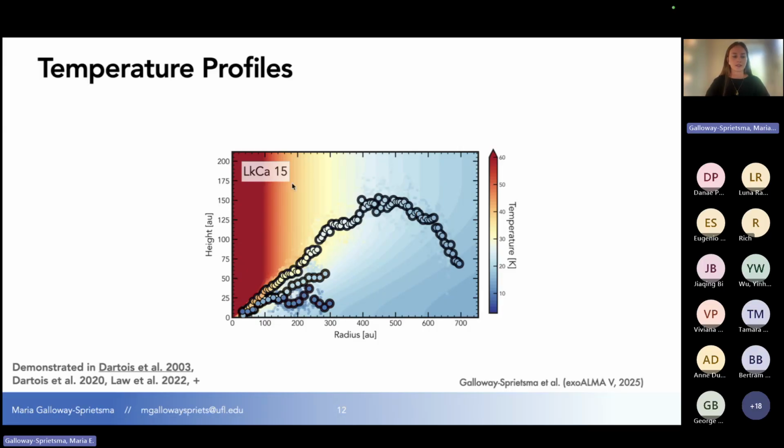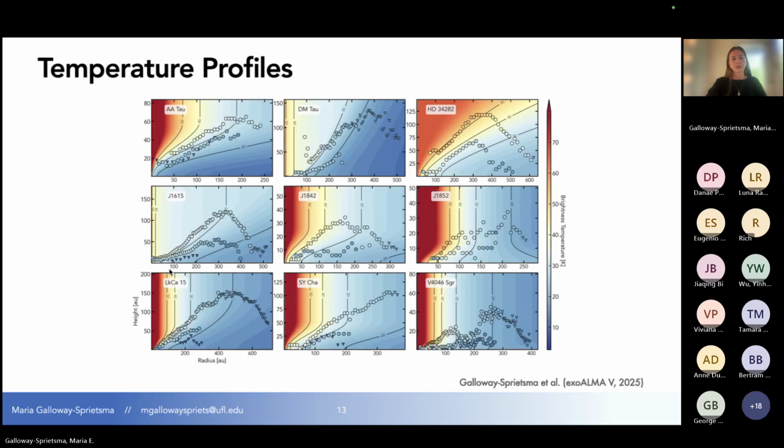And this has been done several times in work, first I think in 2003 by Dartois, and in more recent works too, including for all of the MAPS sources. So we were able to achieve 2D temperature profiles for 9 of the exoALMA disks.